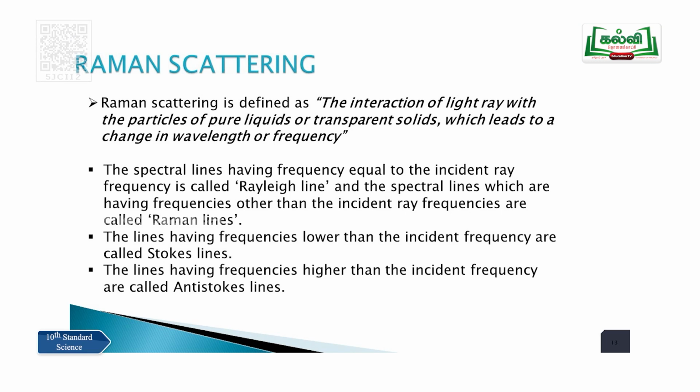The spectral lines are: first, Rayleigh spectral line; second, Raman lines; third, Stokes lines; and the last one, anti-Stokes lines. Underline this, note this: the spectral line having frequency equal to the incident ray frequency is called the Rayleigh line.